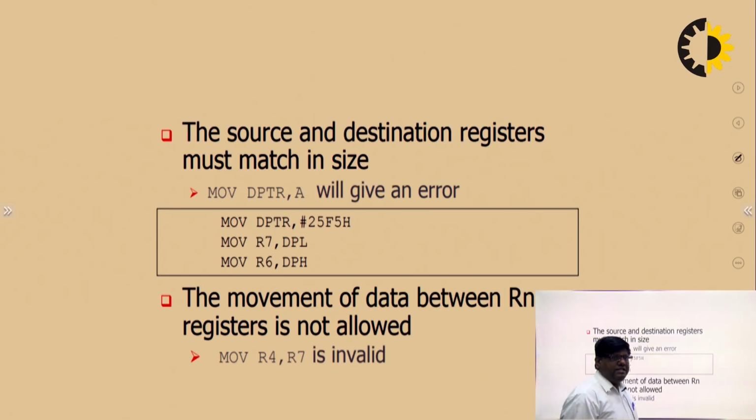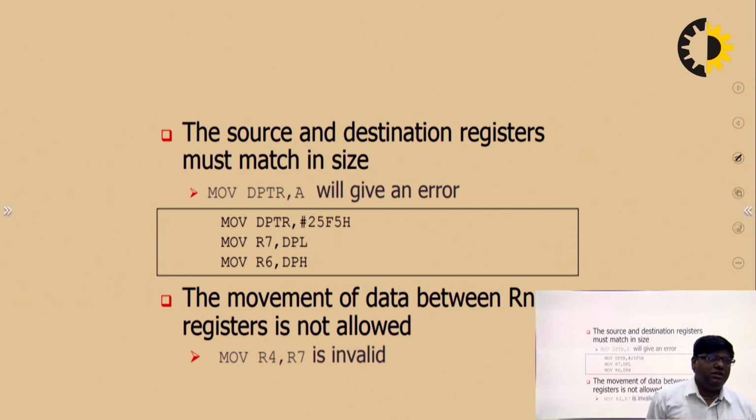Now, this is another example of the register addressing mode. We can also use this register, and the content of A in this register, but in register addressing mode, this type of register is not allowed and will give an error.